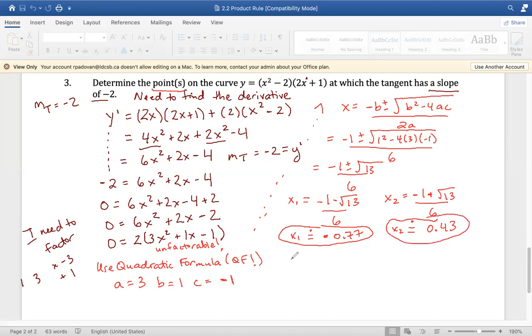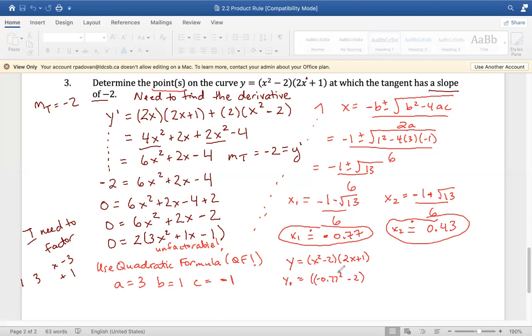So I hopefully will have room here. Again, our equation was y equals x squared minus 2, 2x plus 1. And I'm going to have, let's call it y1 in relation to x1. So not prime, subscript, is equal to, when I see x, I put in -0.77 squared minus 2.